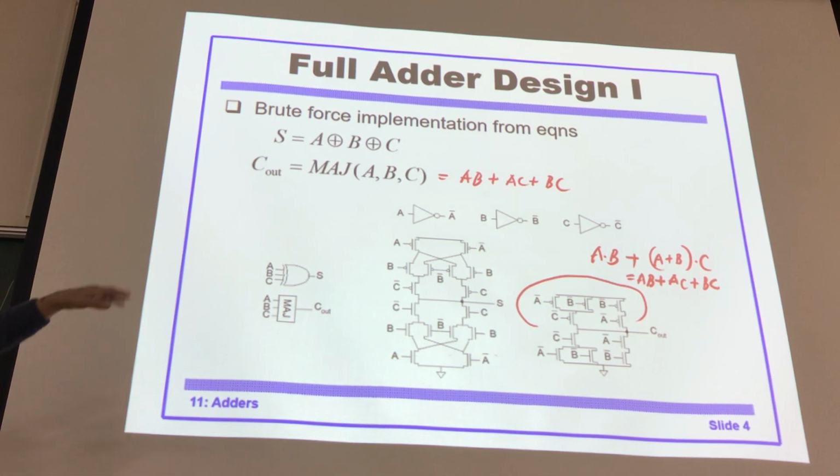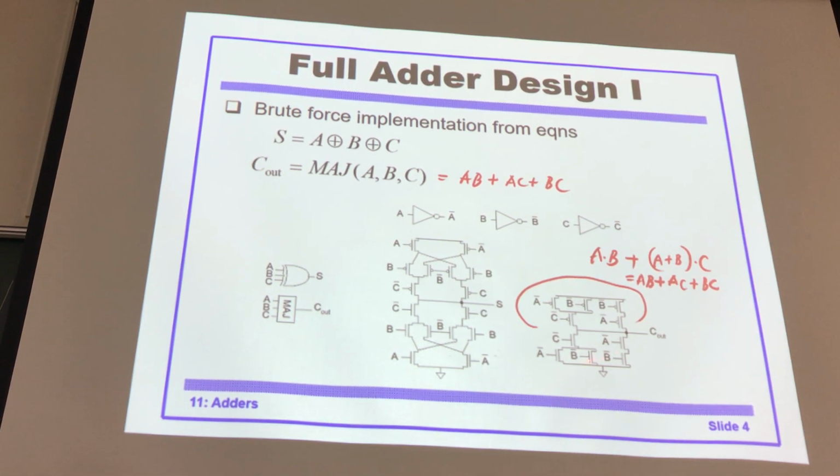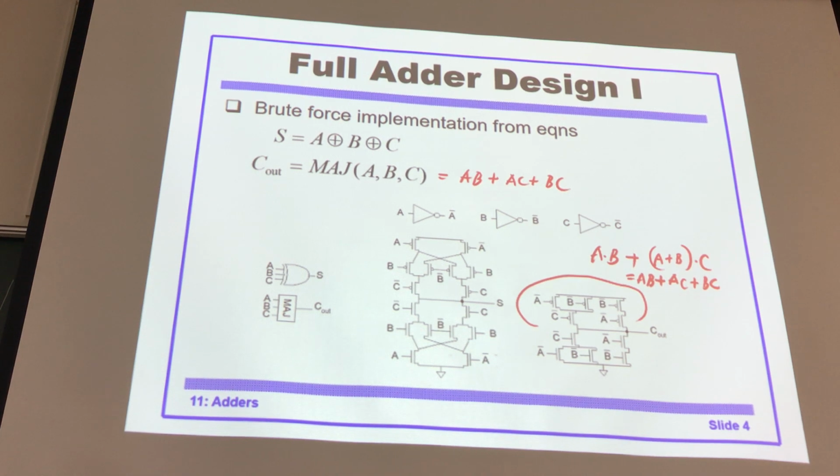That's for the P network. How about the N network? How do you derive it?